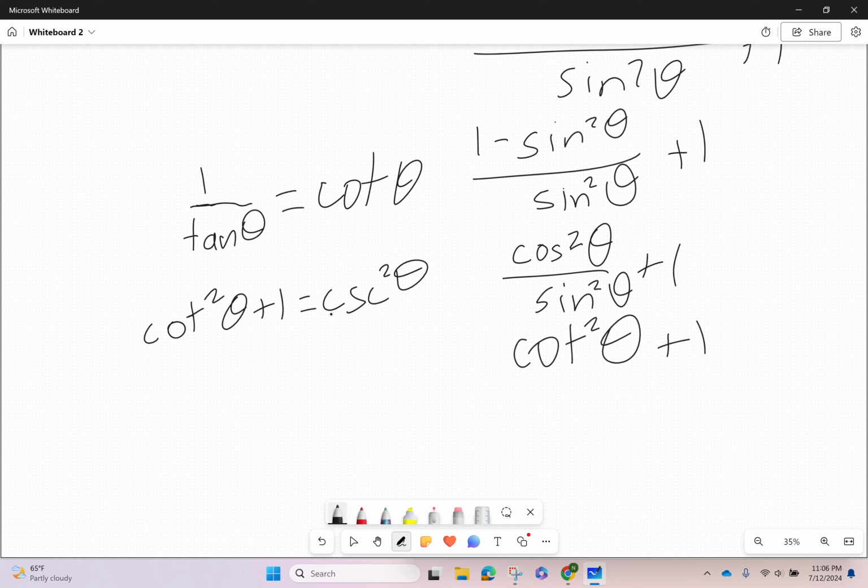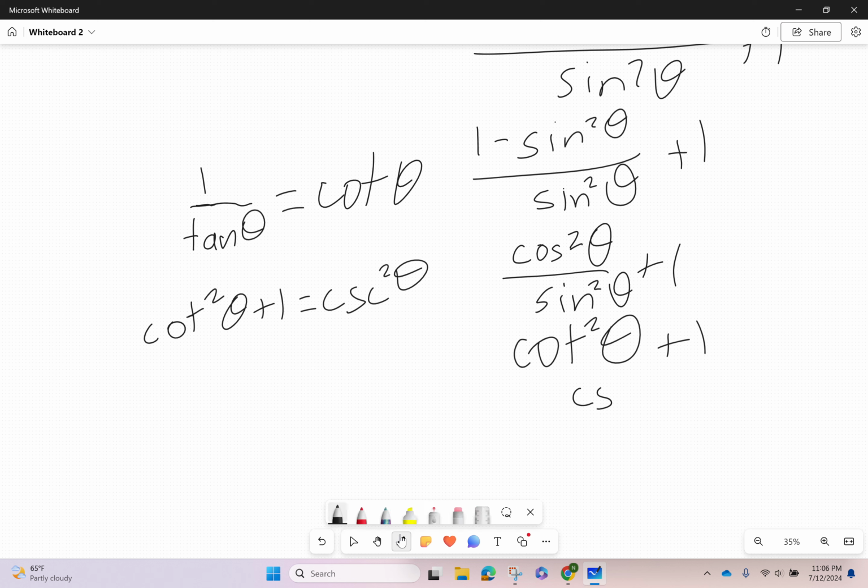So we can just substitute in our cosecant squared theta here. Cosecant squared theta, and that is our most simplified version of this problem.